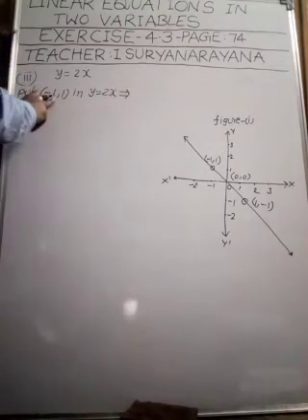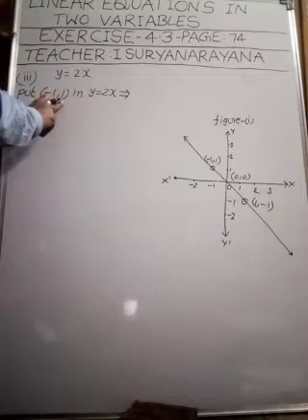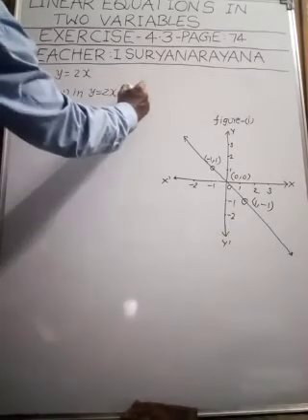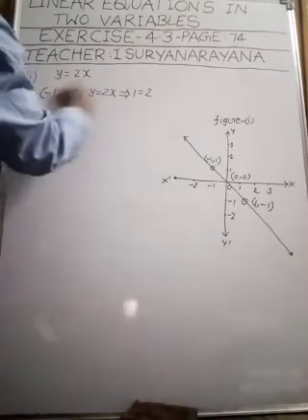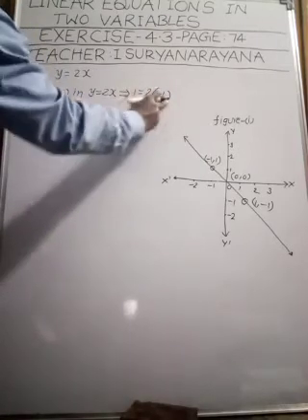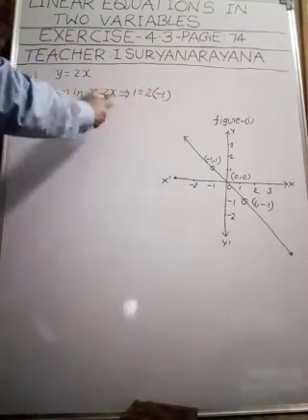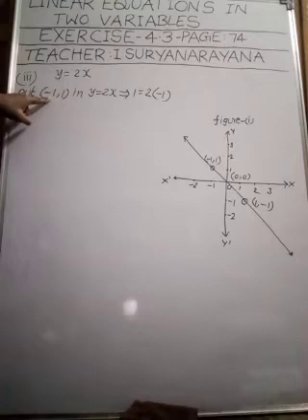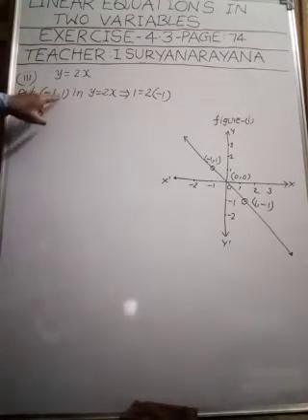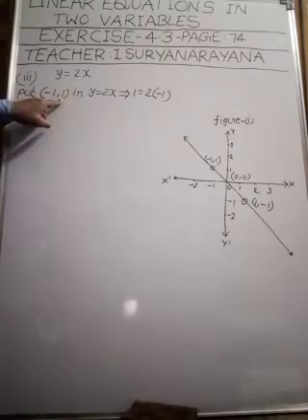Here x value is minus 1 and y value is 1. So 1 is equal to 2 into minus 1. Understood this step? In this equation, I have substituted x is equal to minus 1 and y is equal to 1.